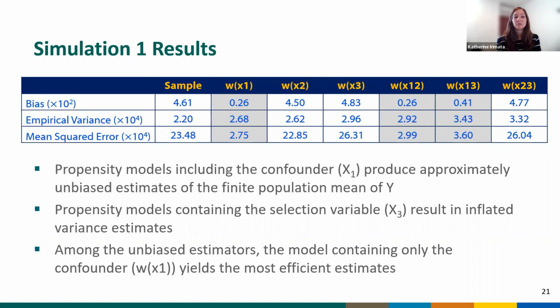But we see that the model that contains the confounder X1 only, without any other variables, yielded the most efficient estimates. And from the earlier discussion in the methods, because we have uncorrelated covariates, we would expect that we only needed the confounder to reduce bias in this case when we use a propensity score adjustment.